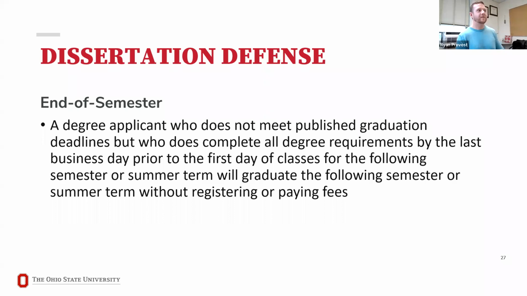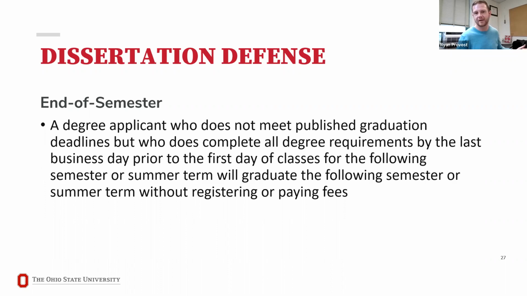Now for the dissertation defense, end of semester: if you don't finish by those deadlines to get everything submitted, you can change to end of semester, which means you're not completing all the degree requirements in time to graduate in the semester you apply to graduate, but you have until the last business day prior to the next term's classes starting in order to graduate in the following term without having to be registered for any courses or pay any fees.